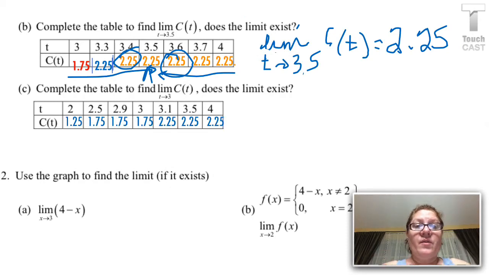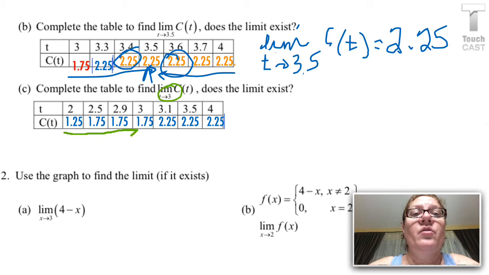So on this one, I noticed something a little suspicious as I approach 3. So this is the number I was looking at getting closer and closer to. And I mean closer and closer to, not the number 3 itself. So as I approach 3 from the left-hand side, I notice that I'm getting closer and closer to 1.75.